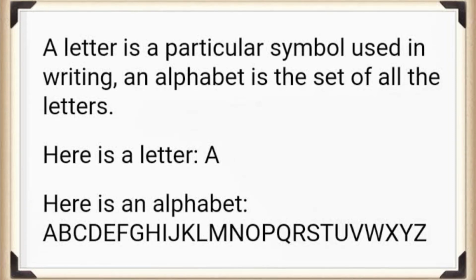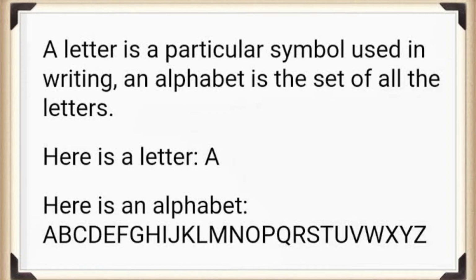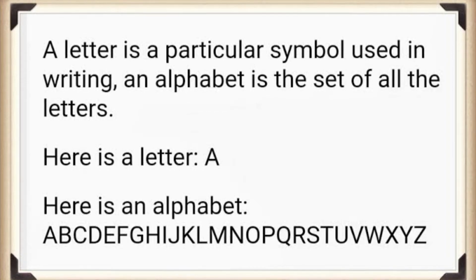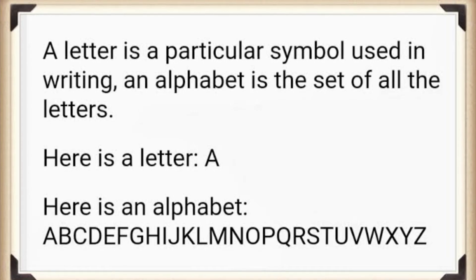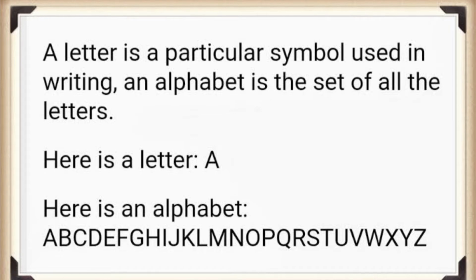A letter is a particular symbol used in writing, and an alphabet is the set of all the letters. For example, here you can see a letter A, a particular symbol used in writing.